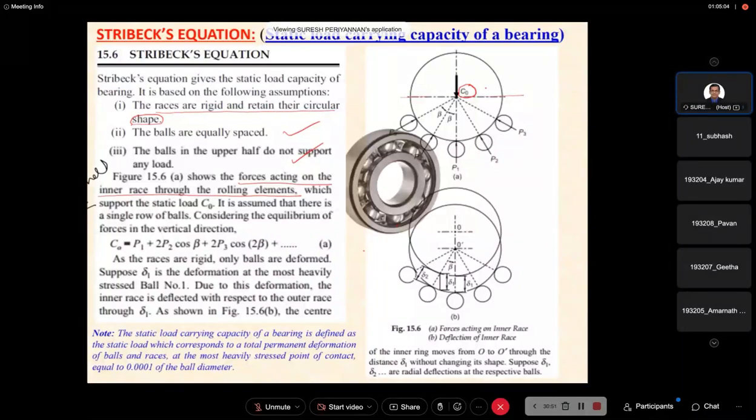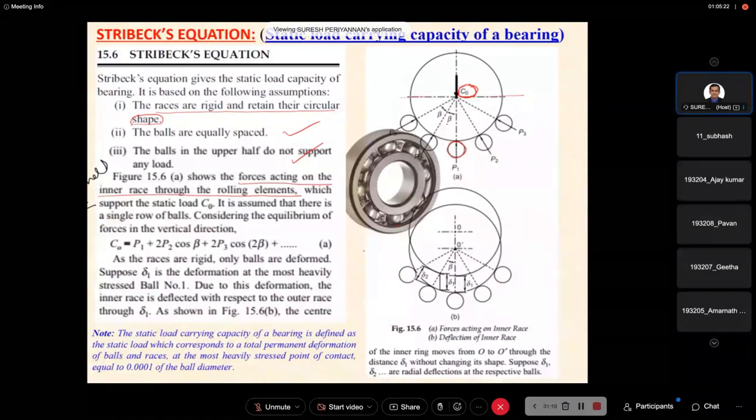Now, see here, the C naught is acting through the row of balls P1, P2, P3. Now, this ball is subjected to direct radial load. Straight direct radial load.